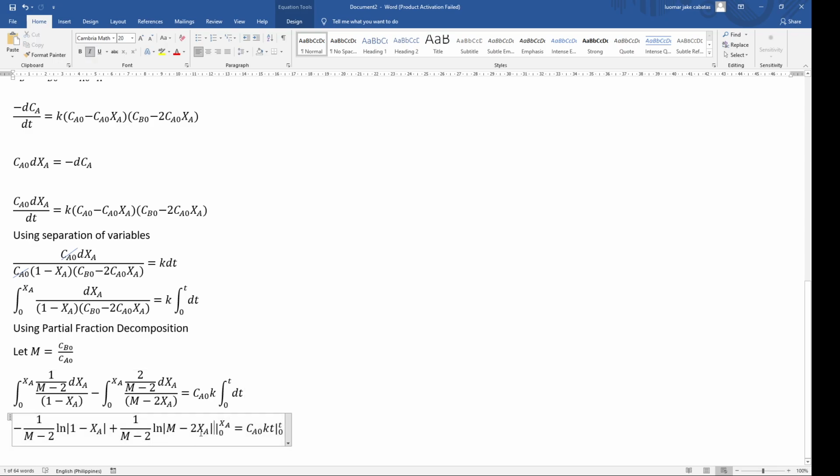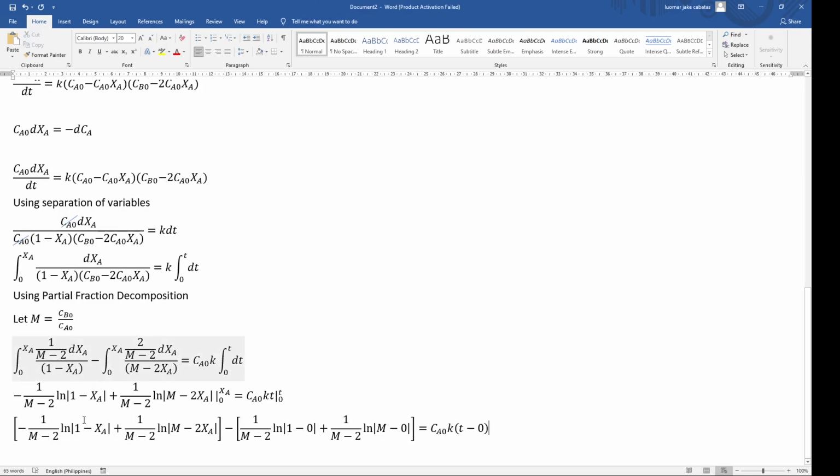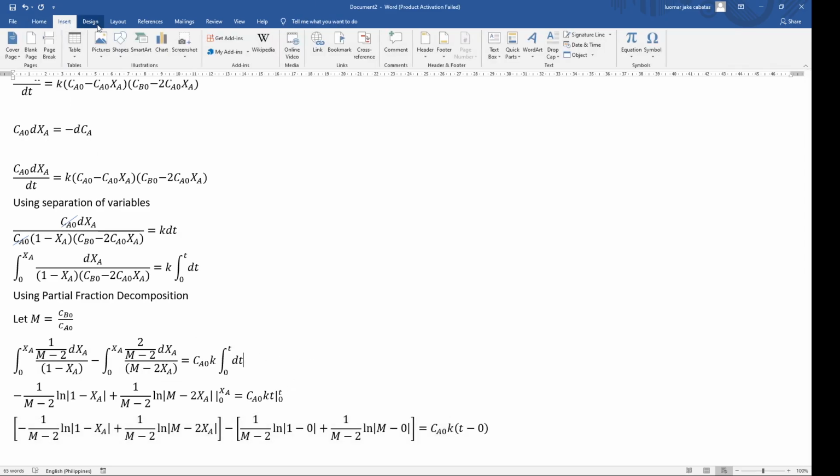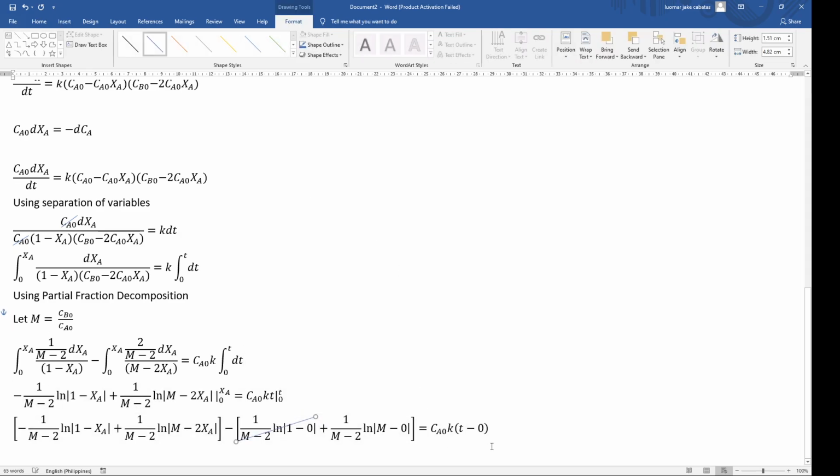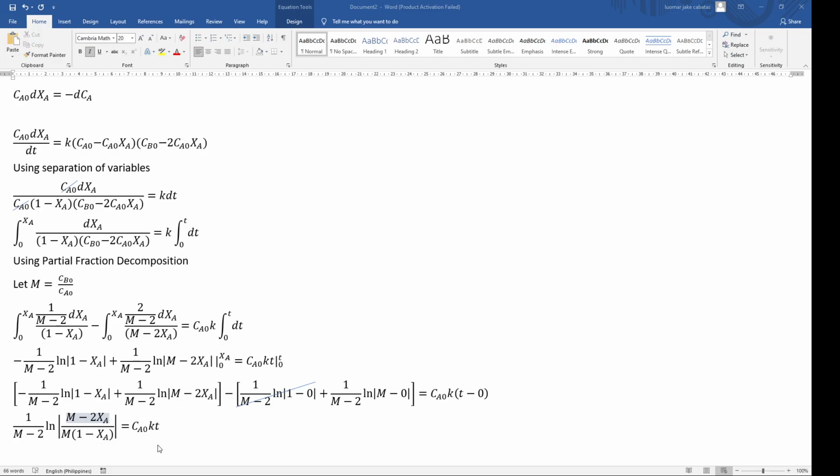And then after evaluating the limits, your equation becomes like this. And same yapon, ln of 1 is equal to 0, so wala na siya. And then combining this one, because of property of ln, we will be getting this equation.